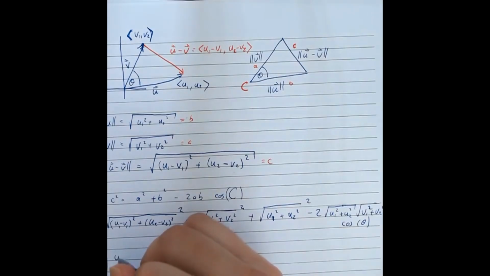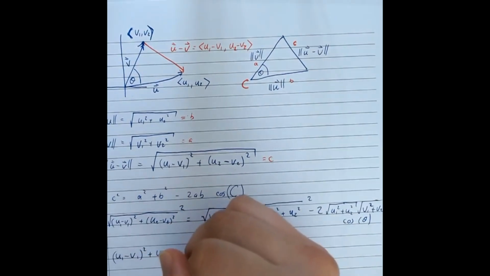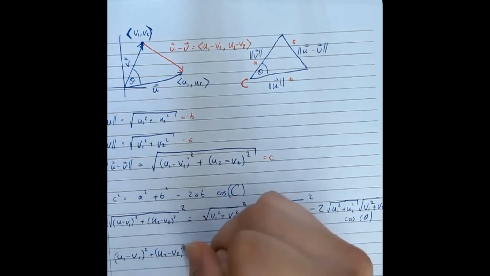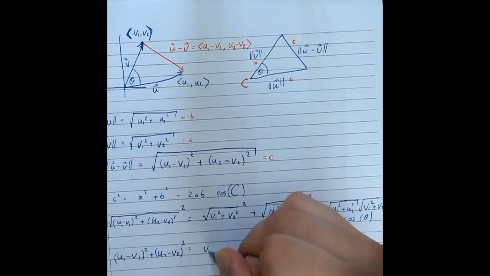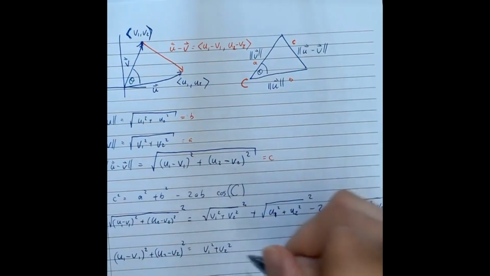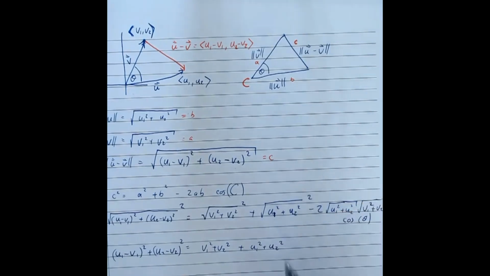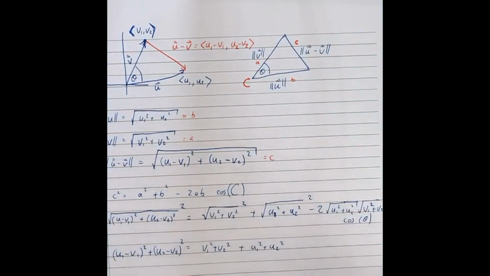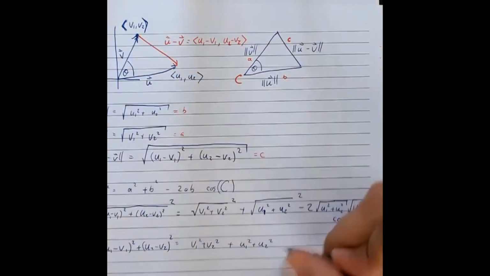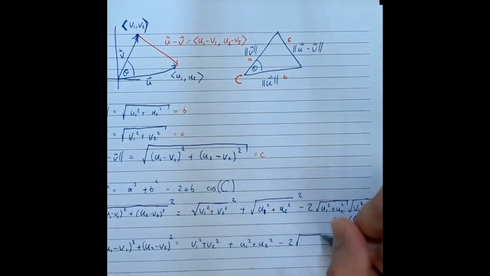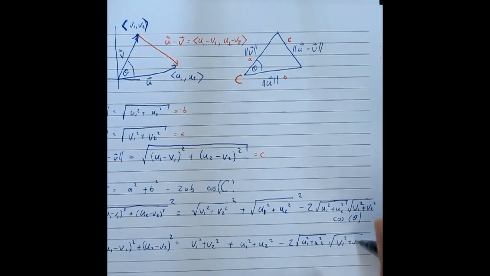This is now (u1 minus v1) squared plus (u2 minus v2) squared is equal to v1 squared plus v2 squared plus u1 squared plus u2 squared. All of those are getting squared, so the square roots go away. Here, nothing got squared, so that's going to stay as it is. It's going to stay minus 2 times the square root of u1 squared plus u2 squared, times the square root of v1 squared plus v2 squared, cosine of the angle theta.